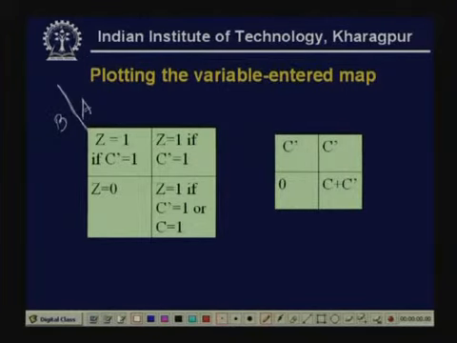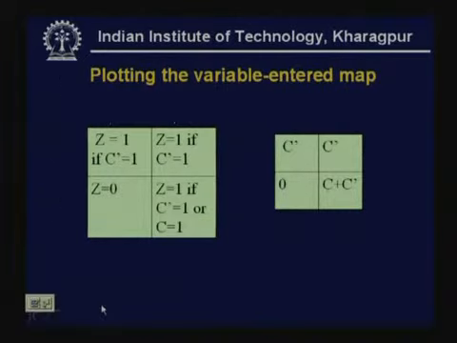Now see Z equal to 1, so this will be my A dash and A, this is my B dash and B. So, this is my A dash B dash. Now, see, if C dash equal to 1, that means if C dash exists in the term, then this will be Z equal to 1.